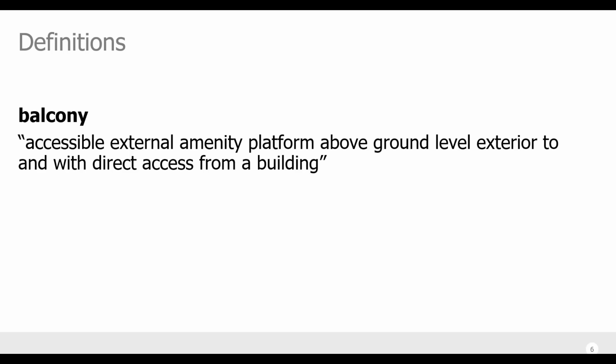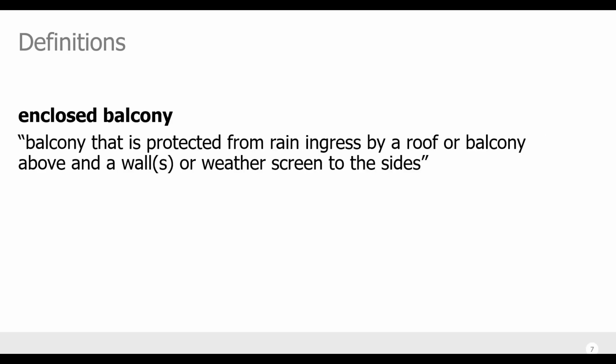So then the next one is an extension of the balcony, which is the enclosed balcony. This arose because there's a lot of people using different terminology for different types of balcony with some degree, greater or lesser, of enclosure. And so we use the term enclosed balcony here in the standard, which is a balcony that is protected from rain ingress by a roof or a balcony above, and walls or weather screens to the sides.